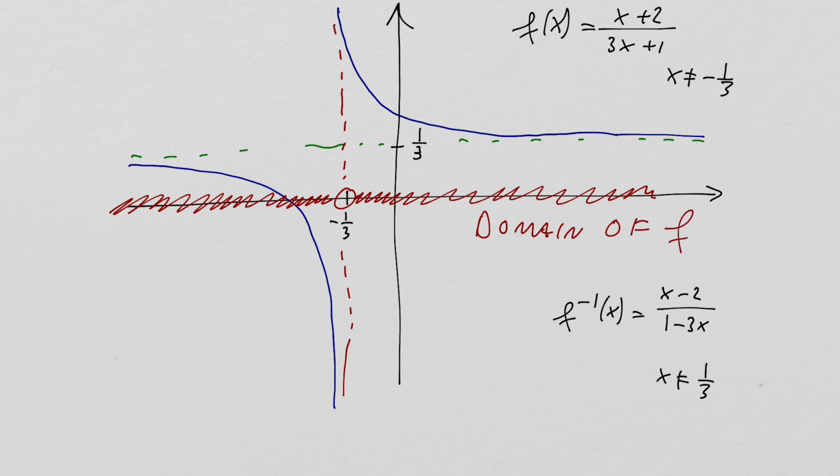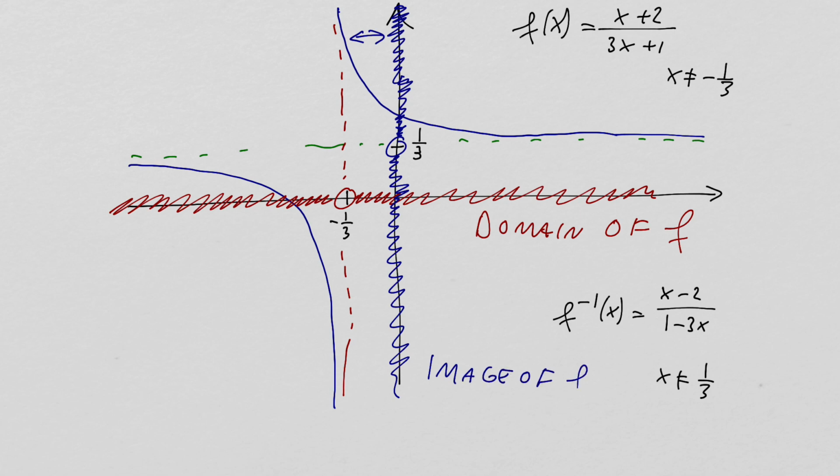And we could read the y values from the y-axis. The graph is going here side by side with the y-axis, and in the spot of 1 over 3, the graph does not go there. So we could see that the image of f is the real numbers minus this number.